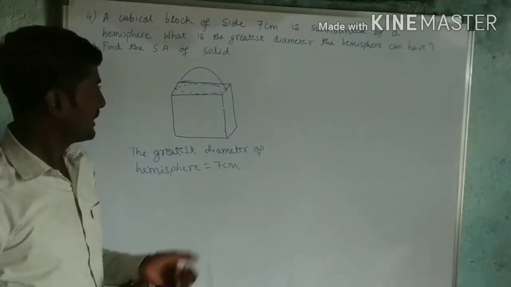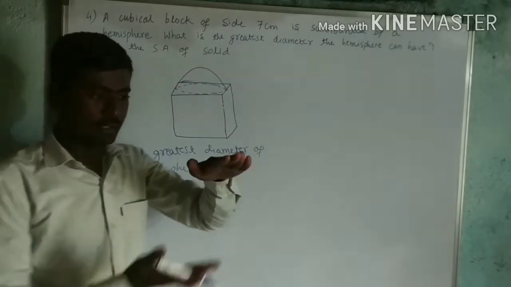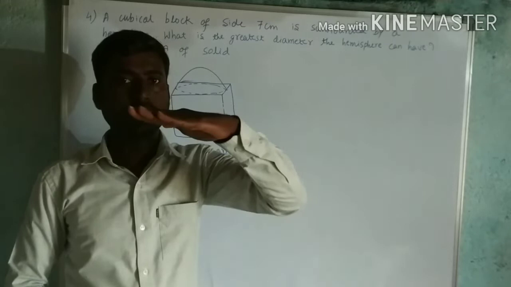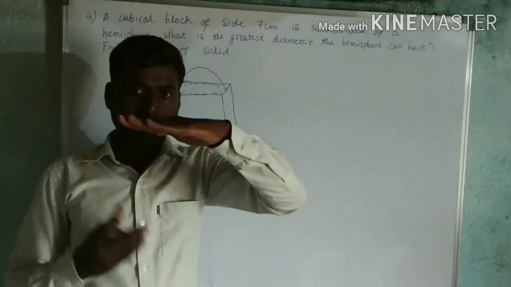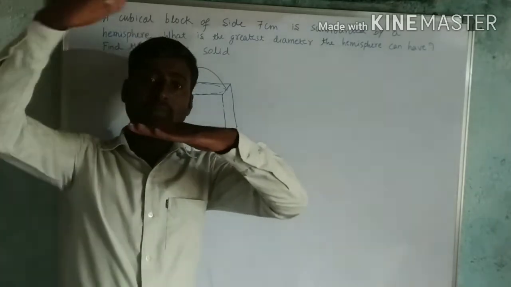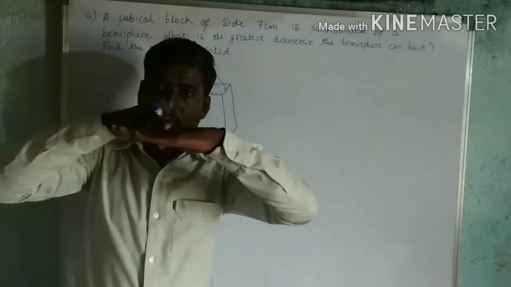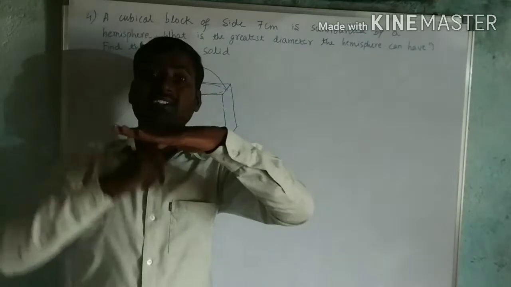Okay. So here, let us assume that this is the top face of the cubical block. On this top face we are going to keep some other material. So this top face I cannot touch.